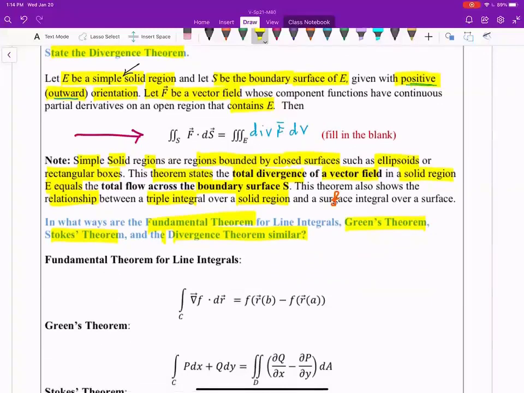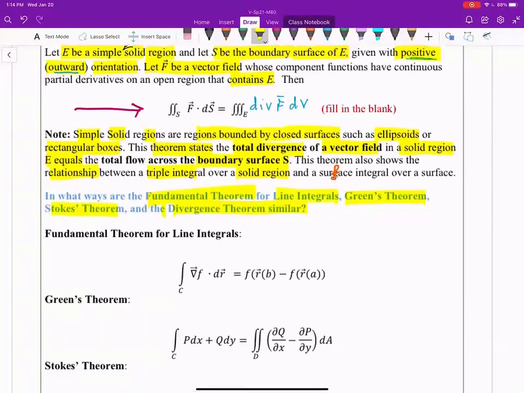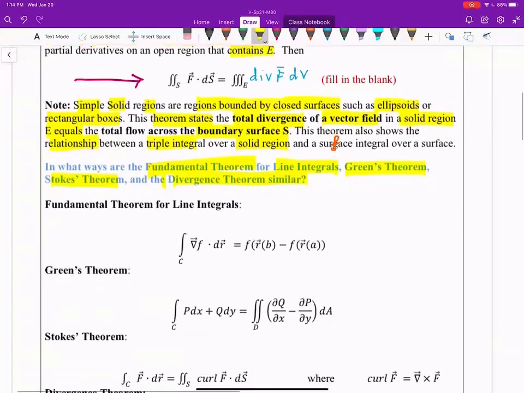If you notice the conclusions of these theorems, the fundamental theorem for line integrals states that the integral over the boundary curve C of del f dot dr, the gradient f dot dr, is f at the final point minus f at the initial point. r of a is the initial point.